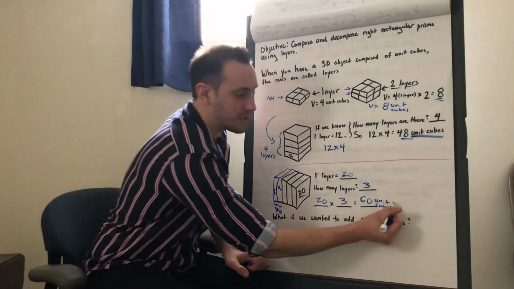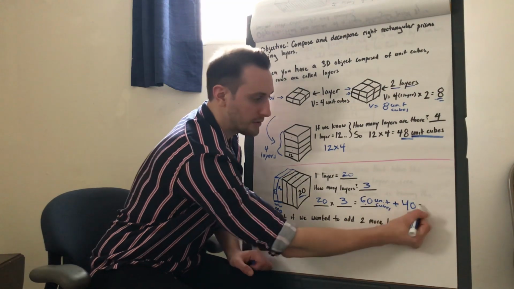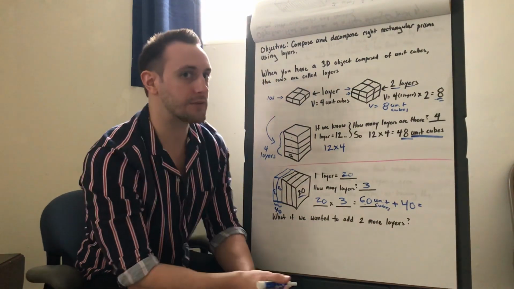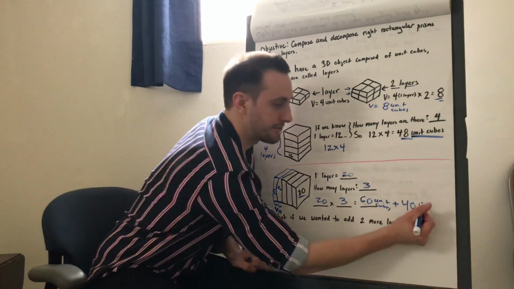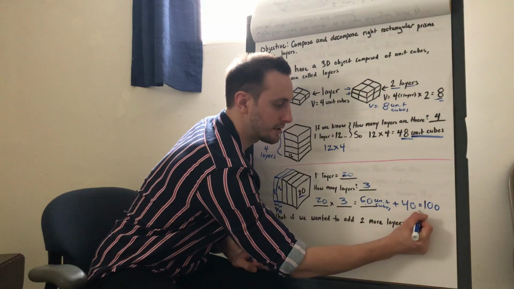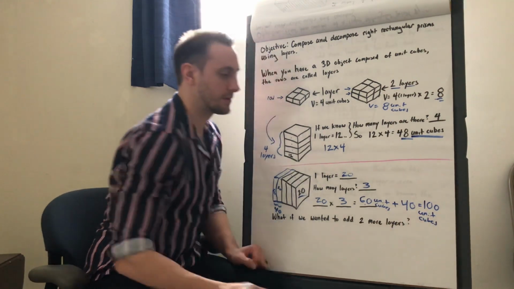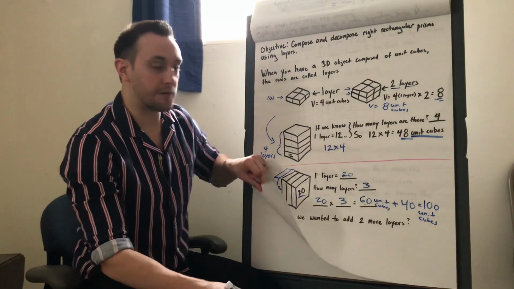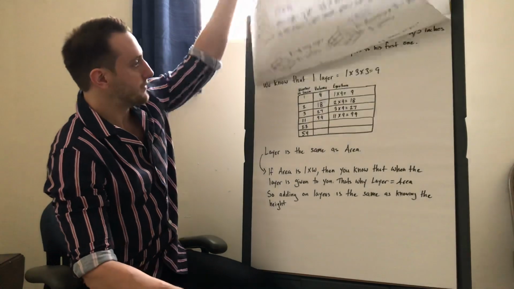So let's attach that to my original, and what's 60 plus 40? 100. 100 unit cubes. Okay, before I let you go, I do want to do 1 or 2 more examples.